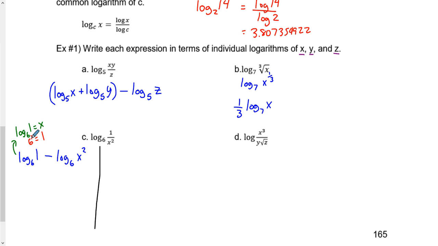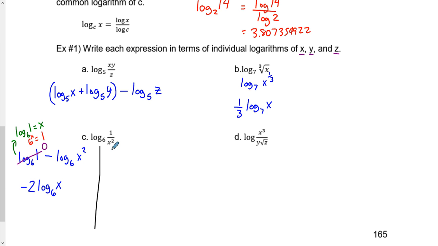Well, x is 0, which means this entire part just is 0. And you don't actually have to write 0. The only extra bit is that exponent, that 2, has to be multiplied out in front. So we'd have a -2 log base 6 of x.